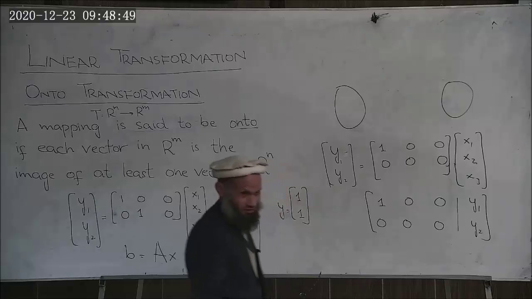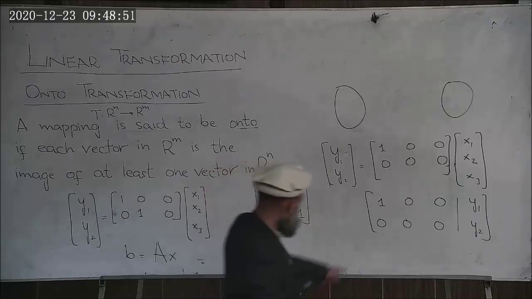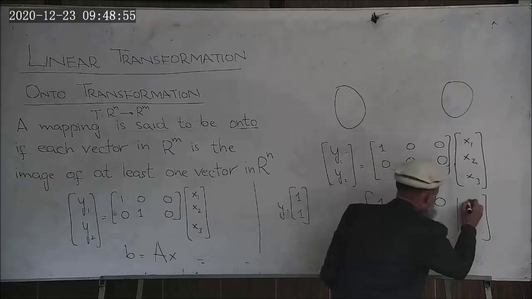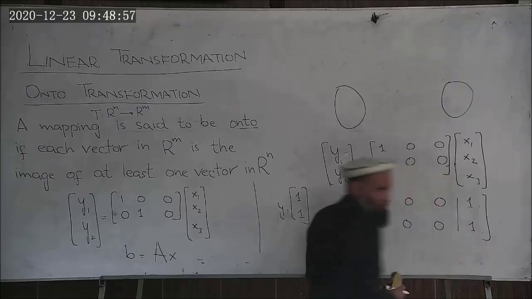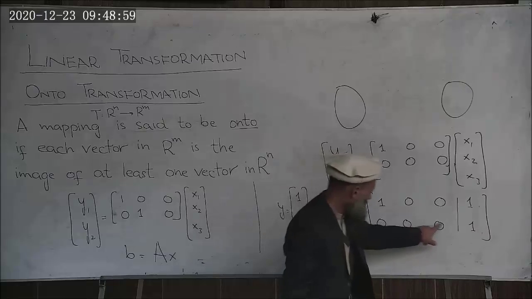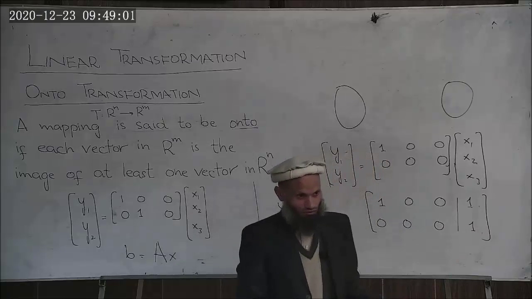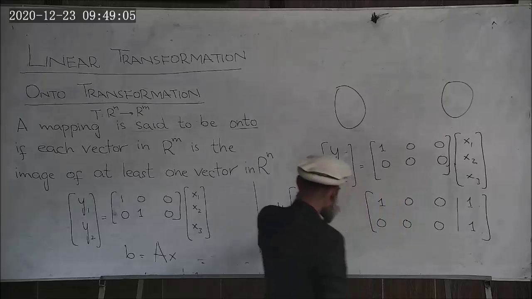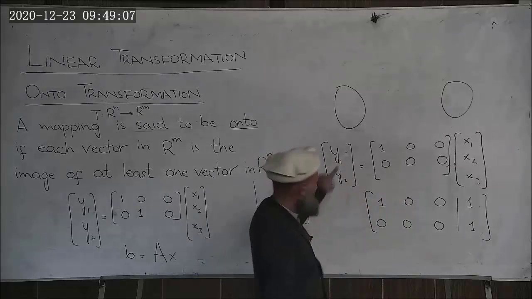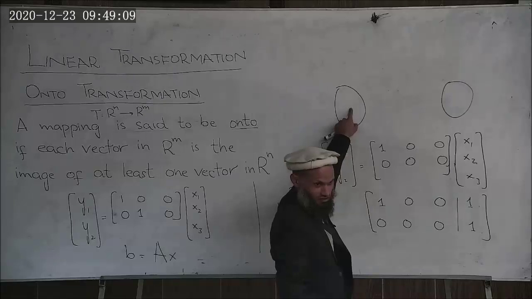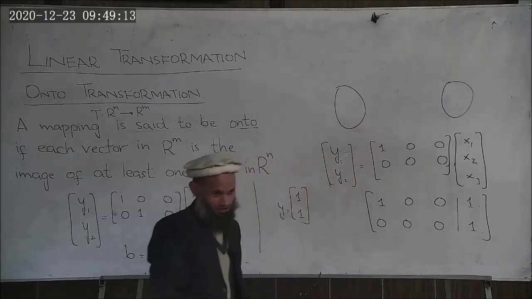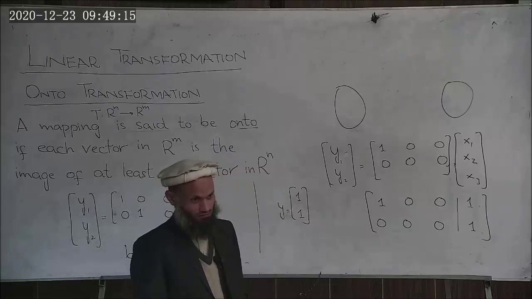Can you find it? Here, to solve this system of equations, you will write 1 and 1. So 0 is equal to 1, a solution does not exist. That means corresponding to this vector, there is no vector in this space. Therefore, this transformation is not an onto transformation.